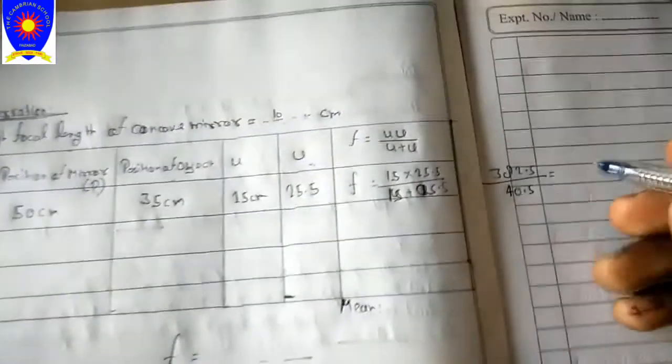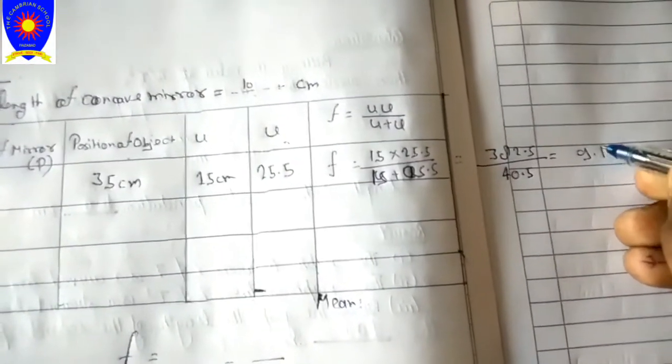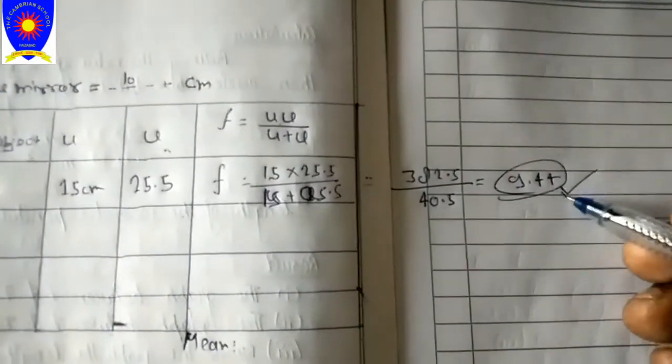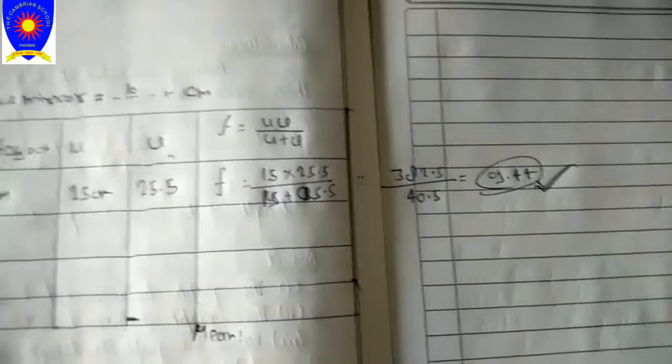So you will get 9.44. So this is the first reading. We have found its rough focal length as 10 centimeter, and according to the experiment its value is 9.44. So I think this is very near.